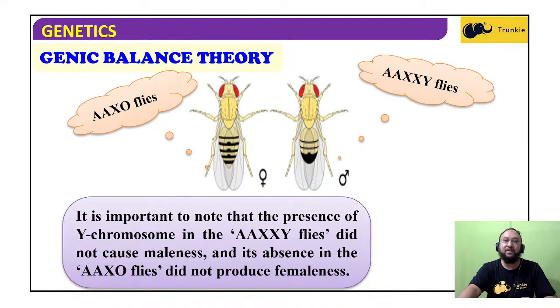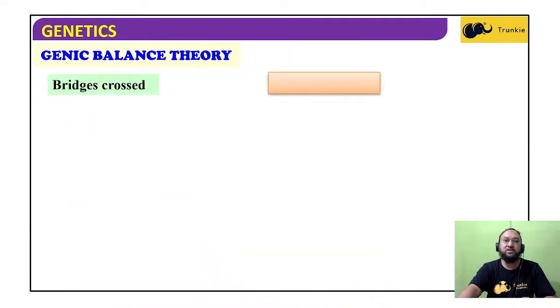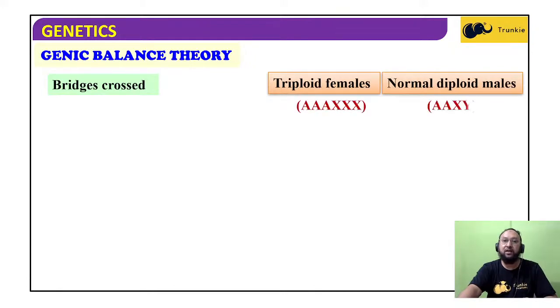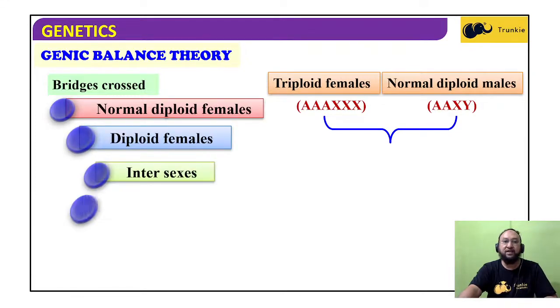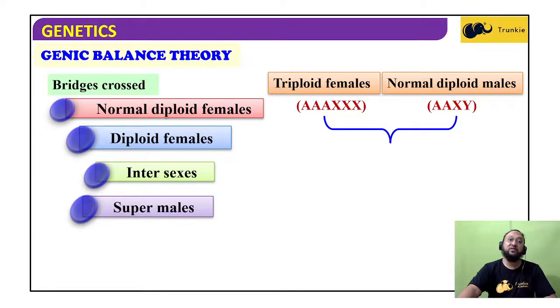Now we will come to another point. Bridges crossed normal diploid females with triploid females, having three sets, AAA and XXX. He obtained normal diploid females, intersex, super males, and super females.